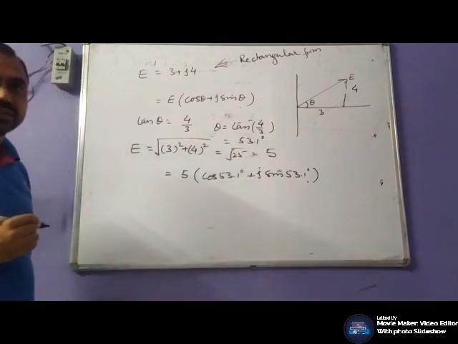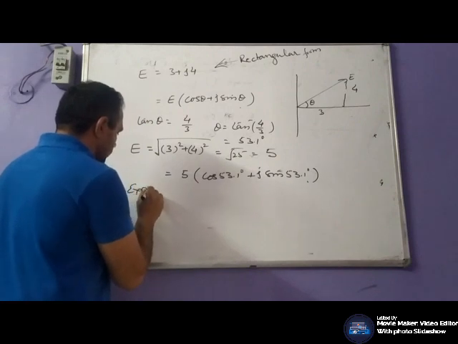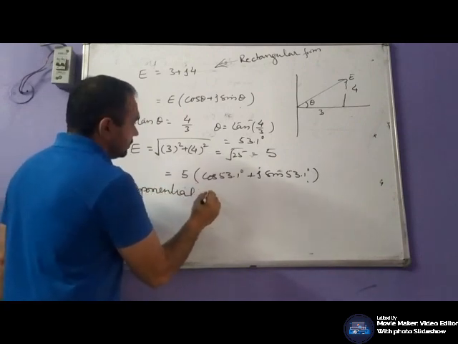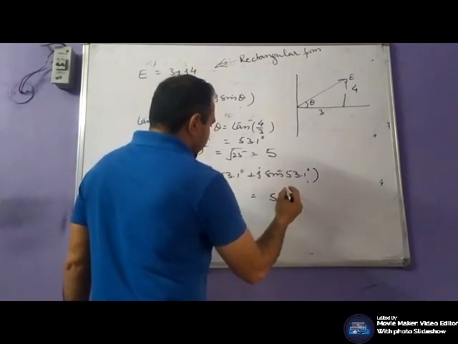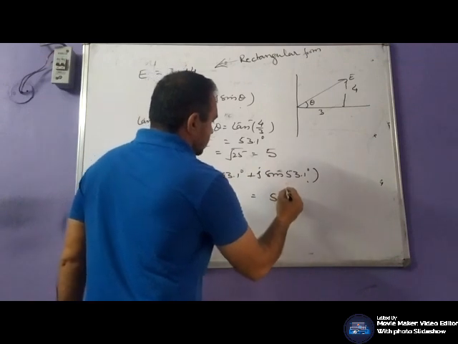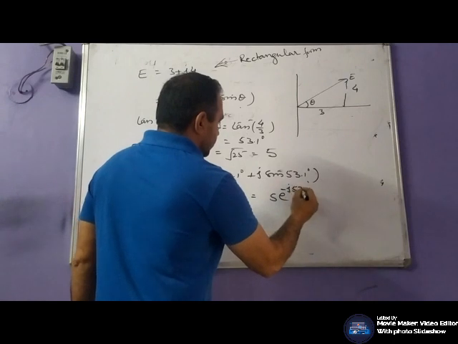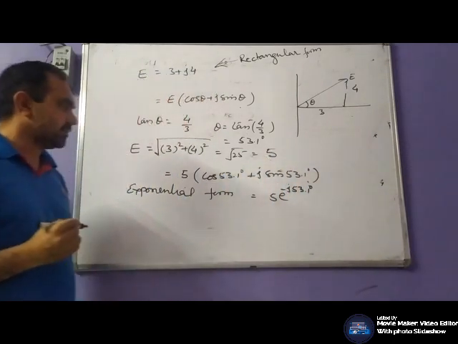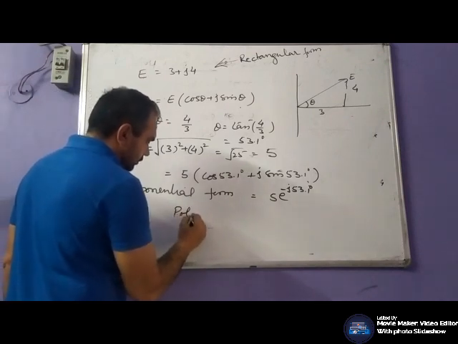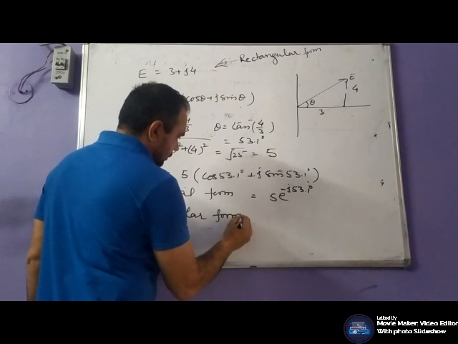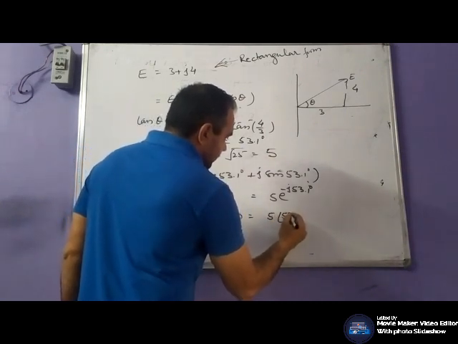If you want to represent it in exponential form, it would be 5 e raised to power j, angle is 53.1 degree. And in case of polar form, it would be 5 angle 53.1.